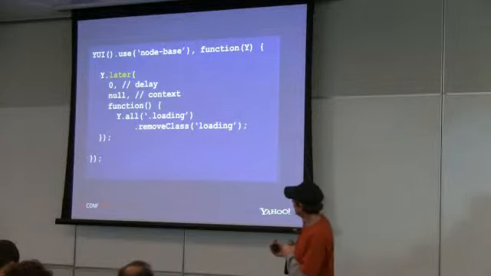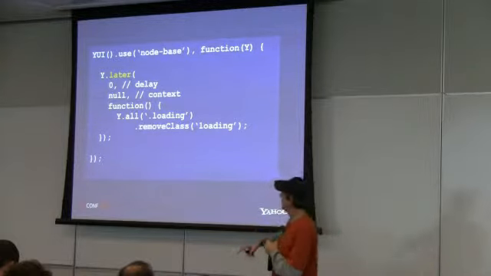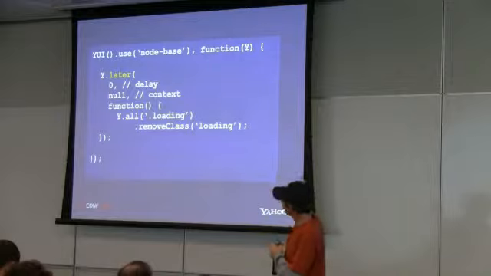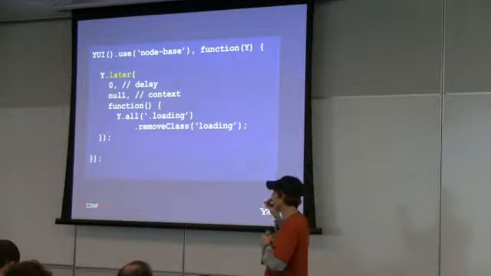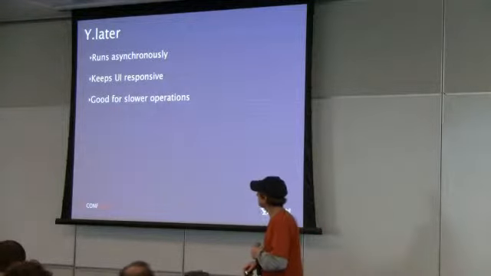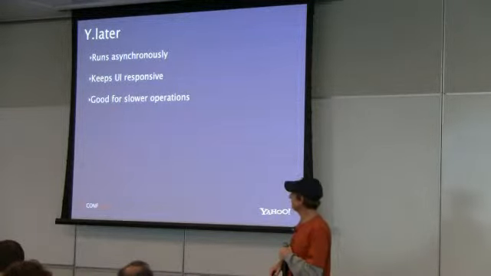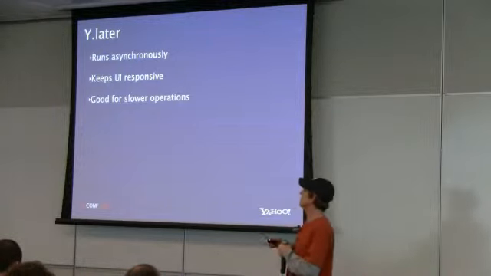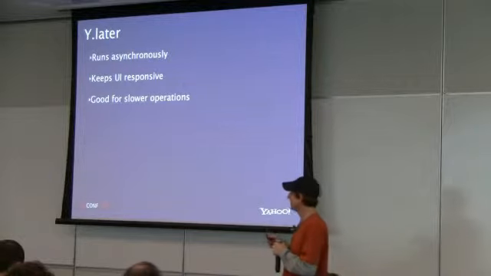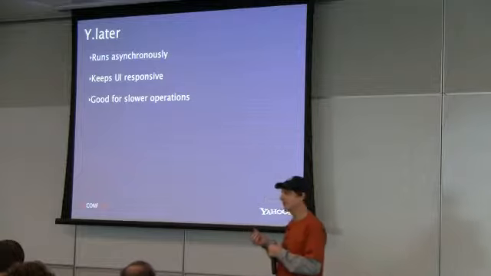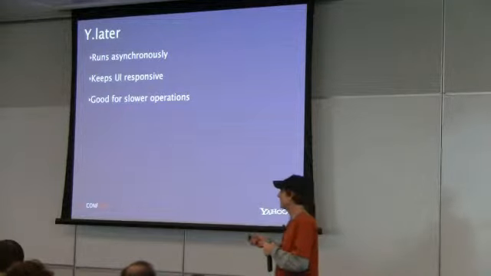And so then what happens here is when it gets done finding all of the loading, we'll remove the class, and you don't have to worry about that stopping the execution of your script. Yeah, this helps keep your UI responsive, especially in a case where a long-running process can bog down the user experience. We really want to make sure that things feel snappy to the end user. Otherwise, they're going to assume it's a bad product.